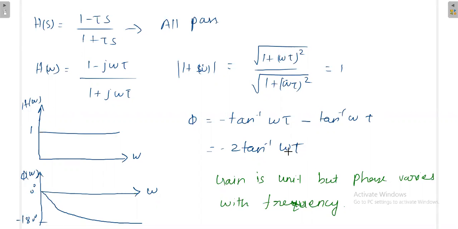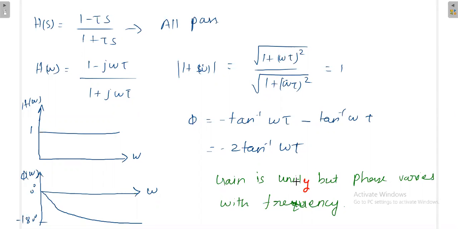When the omega tau value is very high, it can go up to infinity. Then tan inverse infinity is 90 degrees, that means minus 180 degrees. The gain is constant, but the phase of the system is increasing negatively up to minus 180 degrees. Gain is unity, but phase varies with the frequency, negatively up to minus 180 degrees.